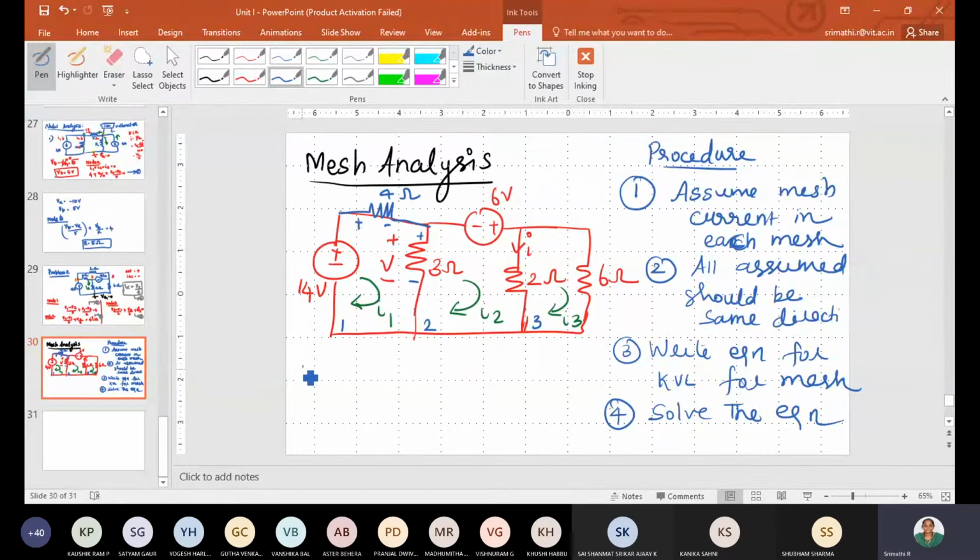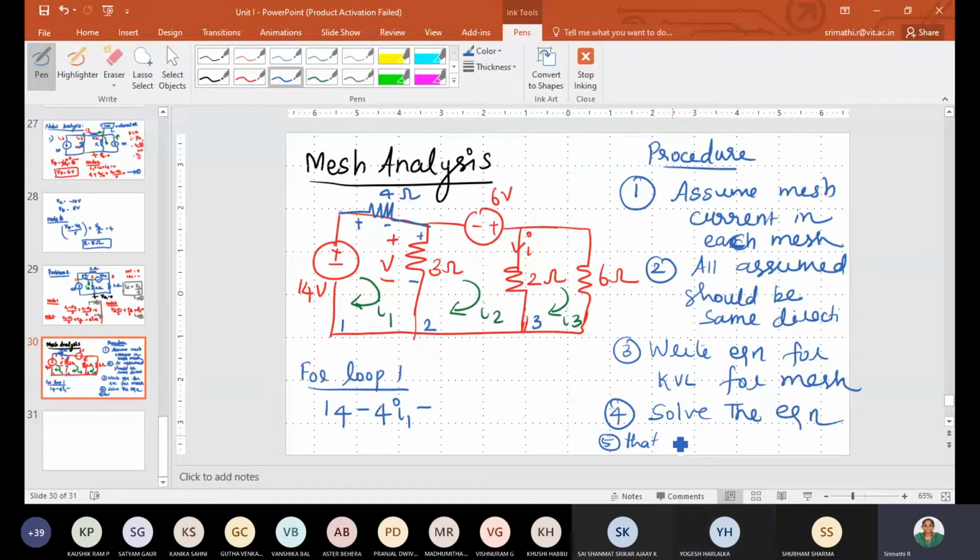So when I'm writing it for loop 1: plus 14, minus 4I1, minus 3(I1 minus I2). Here we'll take it as I2. Whenever we are considering a mesh, that mesh current will be dominant, meaning higher than the other.